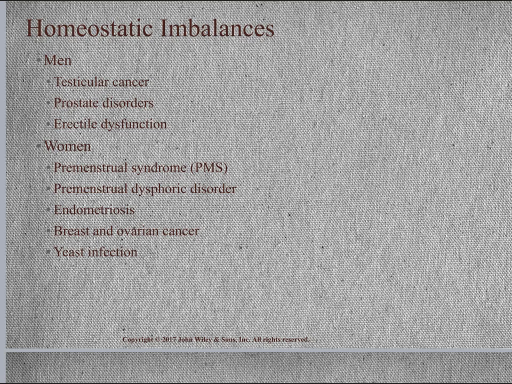In women, we have premenstrual syndrome or PMS, and premenstrual dysphoric disorder, which is pretty common. We see more than 3 million cases a year. It is a severe form of premenstrual syndrome that includes physical and behavioral symptoms that usually resolve with the onset of menstruation. Also endometriosis, breast and ovarian cancer, and yeast infections.